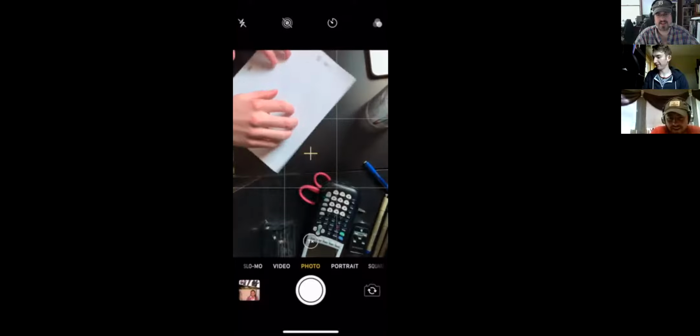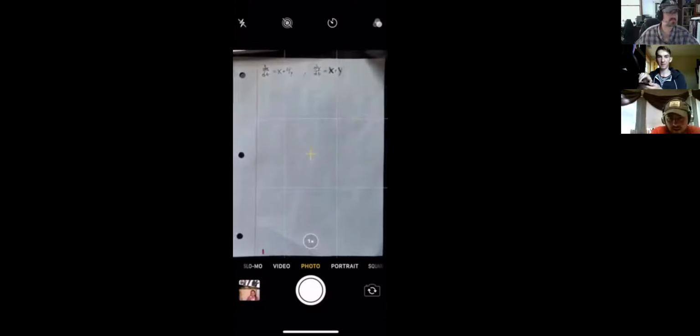Can you rotate the phone? We'll figure it out. This is something that needs some work. It won't let me turn it sideways or anything, so I don't know what I'm supposed to do there. I can hold it for a little bit.